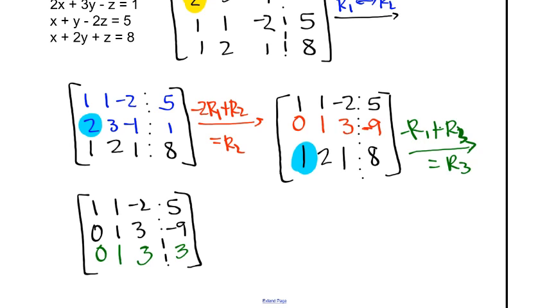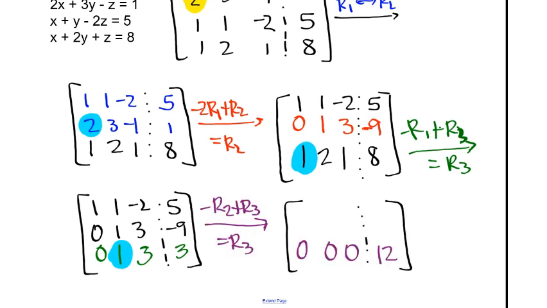Moving right along, just like we did before, we want this 1 to be a 0. In order to get that to be a 0, we're going to take negative row 2 and add row 3 to that to give me my new row 3. Now, when this happens, notice how we have all zeros on this side. Then there's a 12 on the other side.